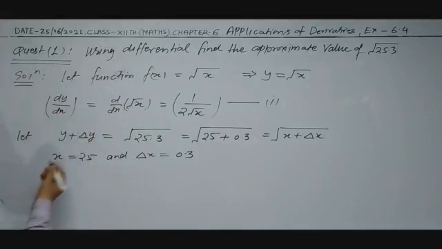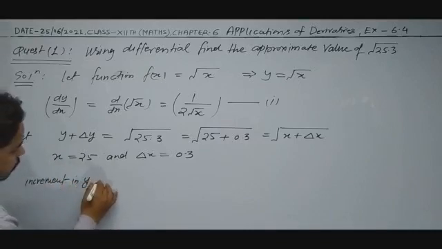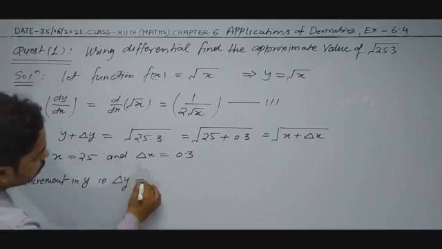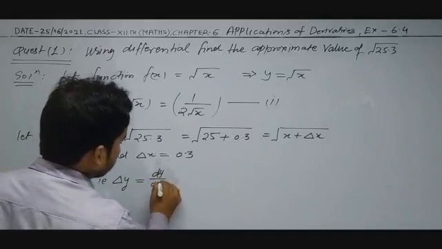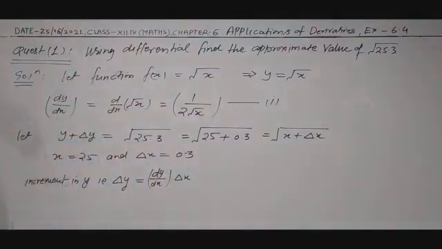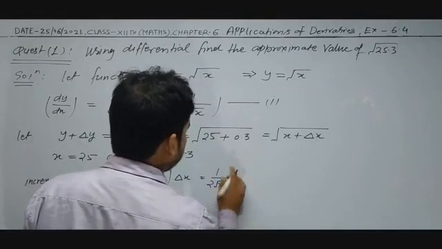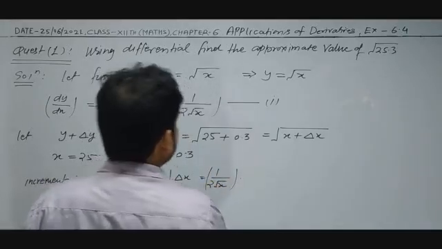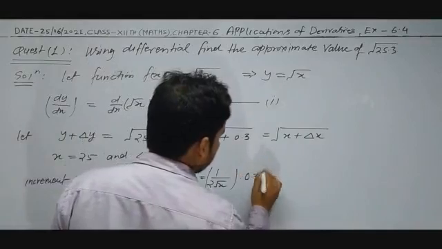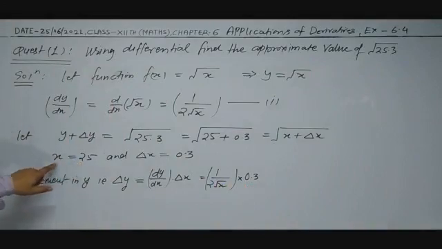Now the change in y, the increment in y, that is del y, is equal to dy by dx into del x, and dy by dx, you know, the result is 1 upon 2 times root x into del x, with del x equal to 0.3. The x value is 25.